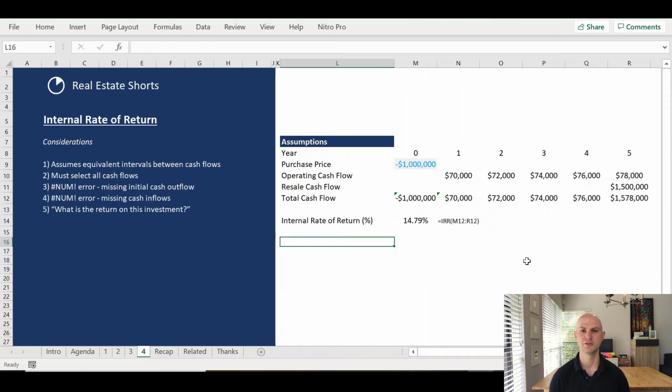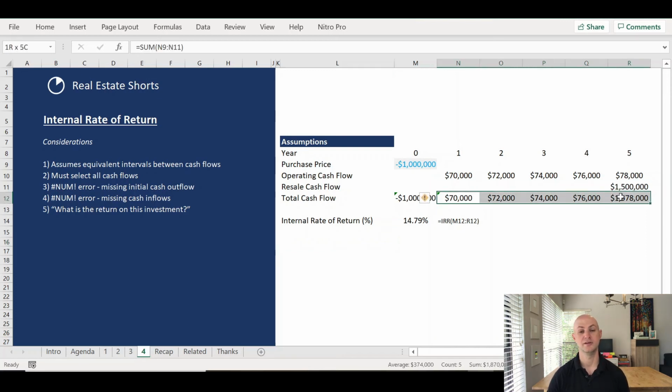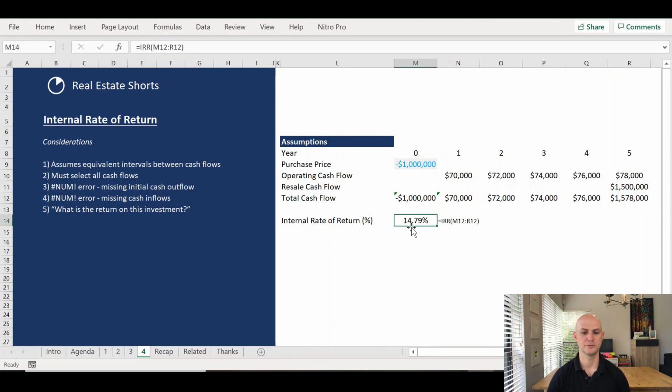So, considerations and errors that you'll typically find. I think the most common is the organization of your cash flows, namely leaving out, excluding, or forgetting to include that final resale cash flow. If you pay attention to the internal rate of return, the 14.79%, if you mistakenly exclude or ignore having sold the property at some point in the future, your internal rate of return is likely going to result in some kind of error.